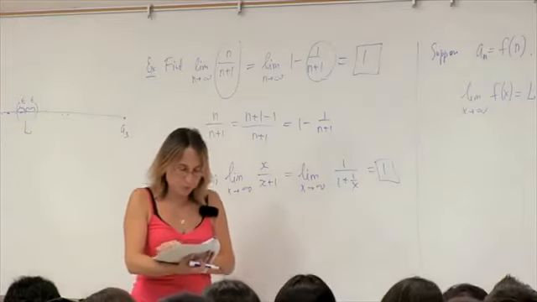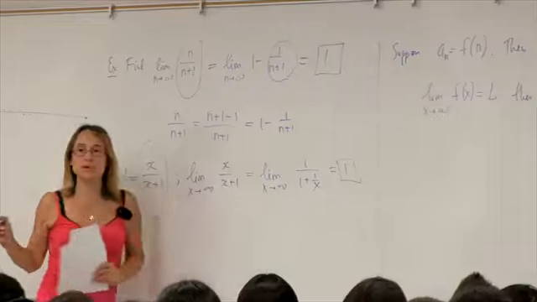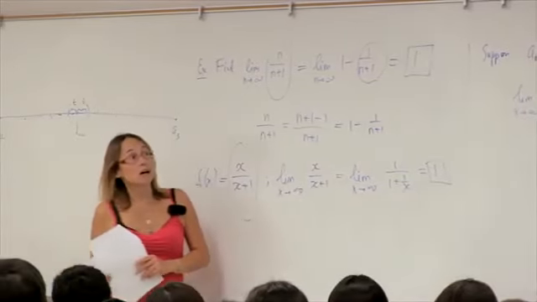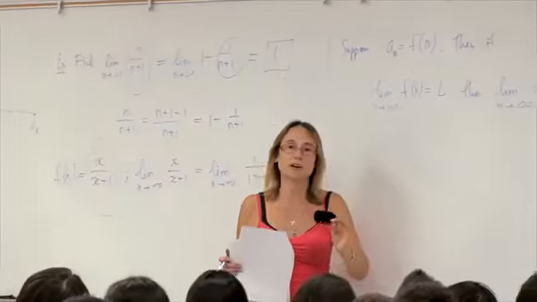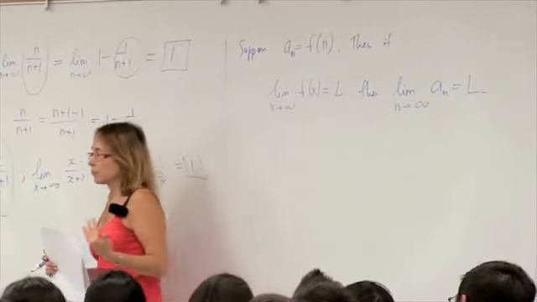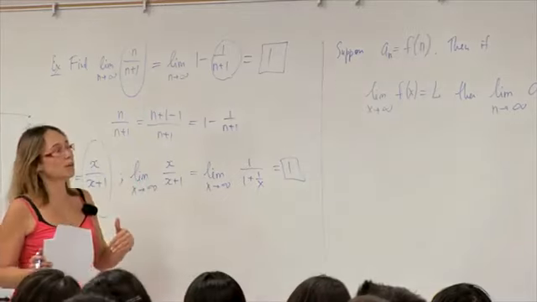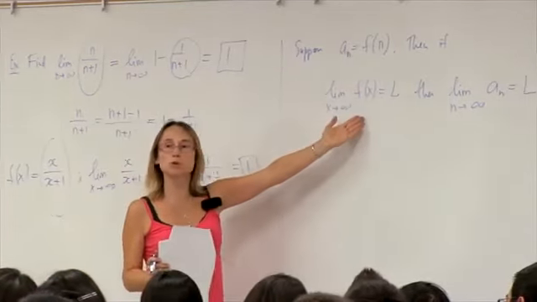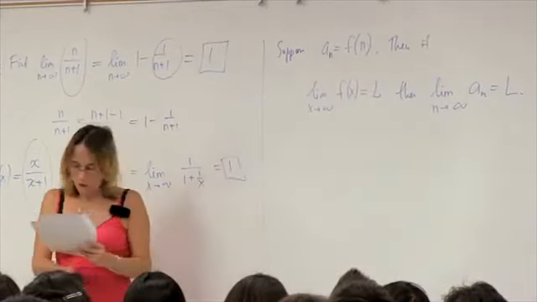I'll show you some examples where we don't have a formula for a_n. In fact, we already had an example. Remember the Fibonacci sequence? There is no functional form there. That sequence is not given by a function. It's given sequentially. So this theorem would not be useful in the case of the Fibonacci sequence.